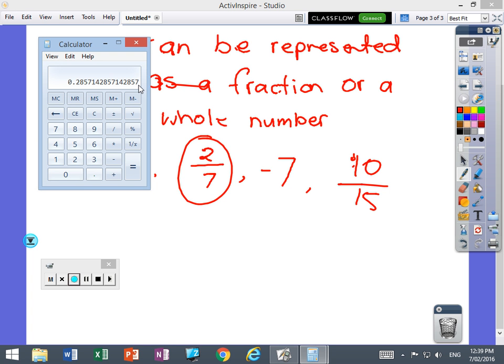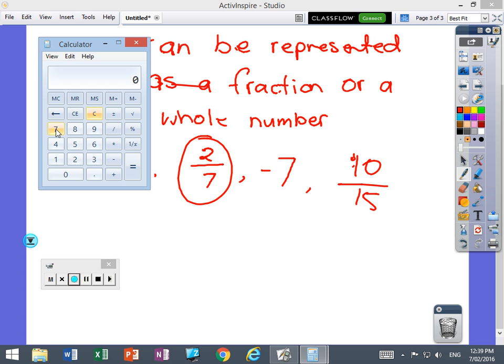So if I do this one over here, it will be a little bit easier to see. If I do 10 divided by 15, I get 0.66666. Now, the 7 on the end is only there because they've rounded. So that would actually continue as 6666666. I can put any fraction in here.